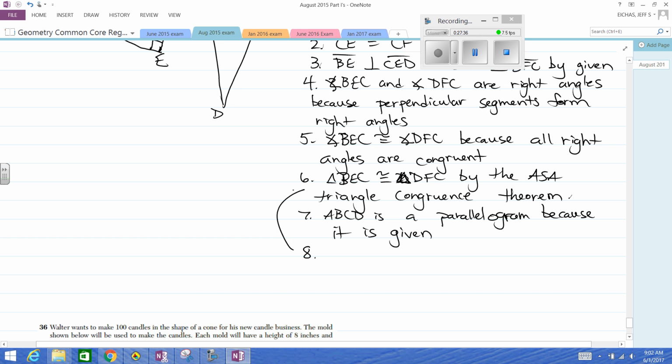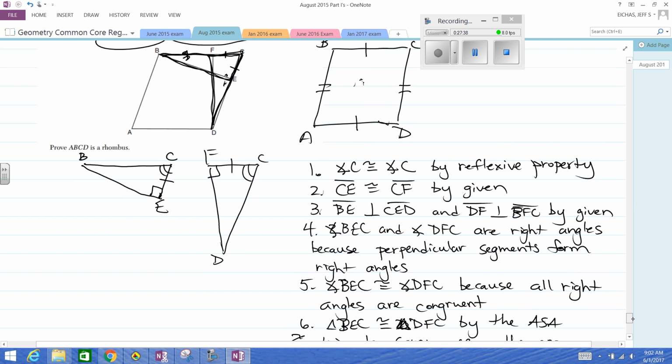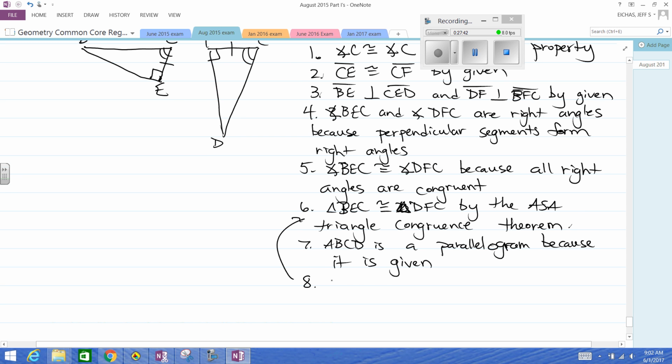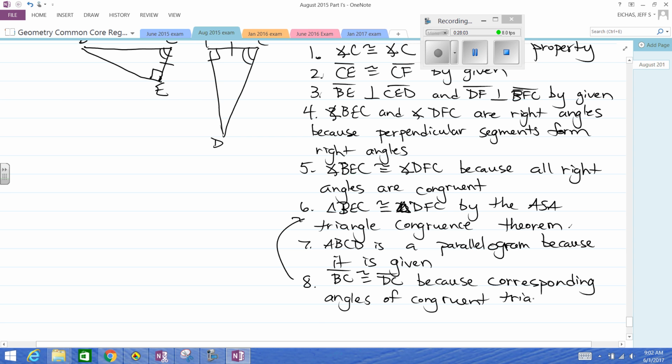8 is going to be based on 6. Forgot about that. Sorry. BC is going to be the same as CD. BC is congruent to DC, because corresponding angles of congruent triangles are congruent.